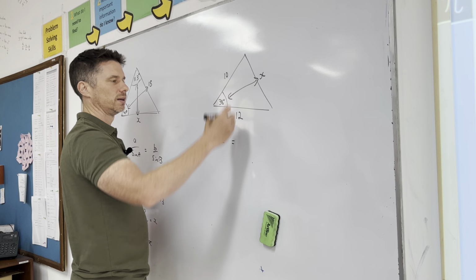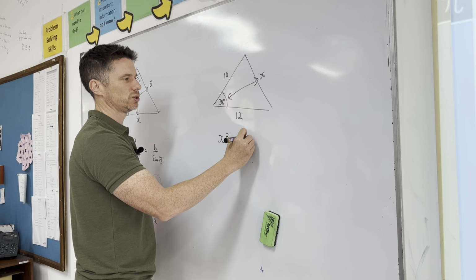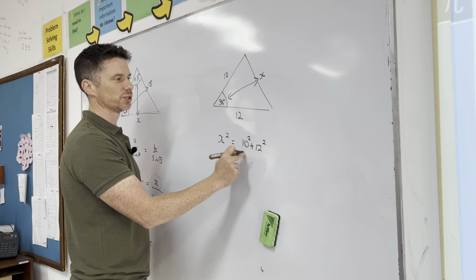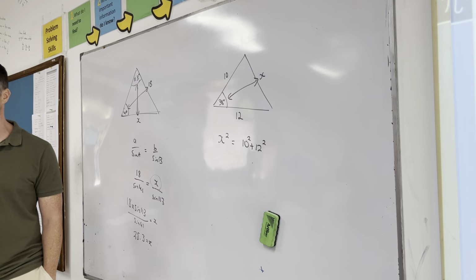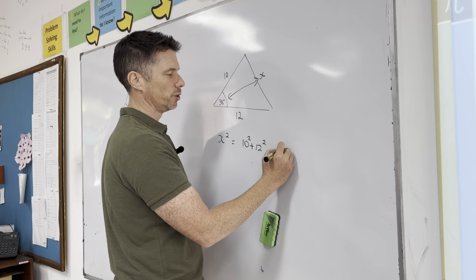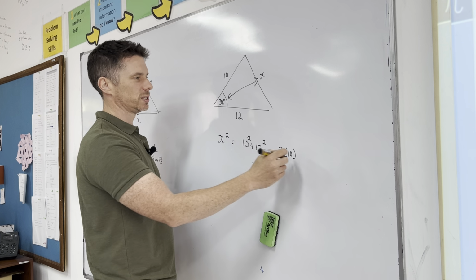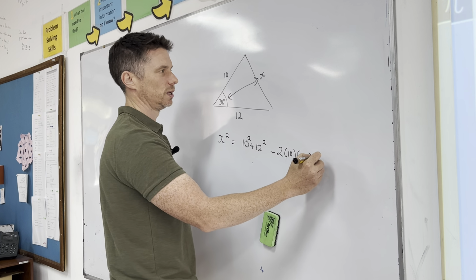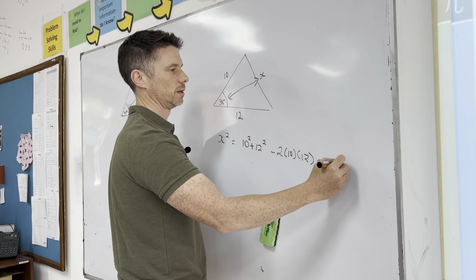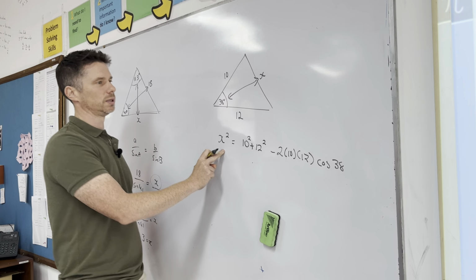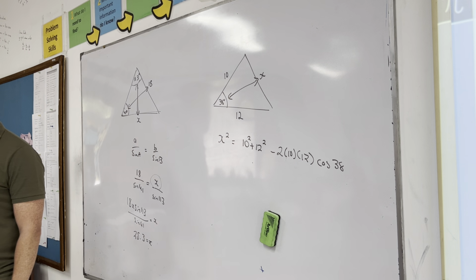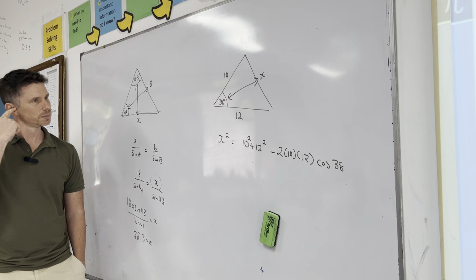The other two sides, it does not matter which way around we have them because they're added, and then they're multiplied, so you can write them either way. 12 times 10 is the same as 10 times 12, but make sure that angle is opposite the x squared. Then you work that out and get the square root and you'll get the side.